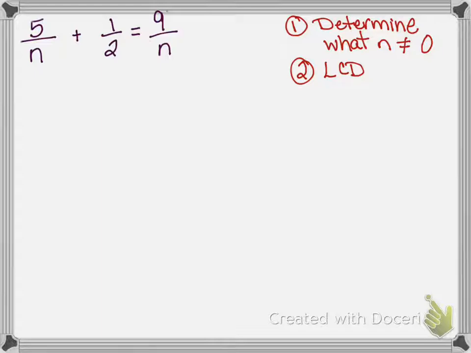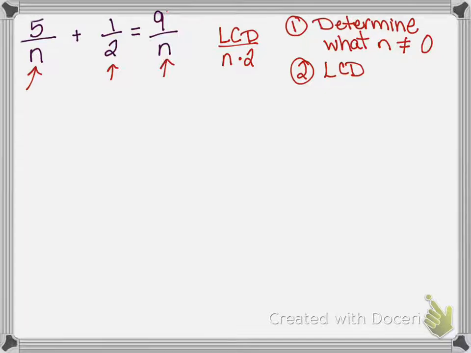So, to find my LCD, I'm going to look at this denominator right here. What's in that denominator? n. 1n or n. So that's got to be part of my LCD. What's right here? 2. So that's got to be part of my LCD. Now, do you see how I have another n right there?